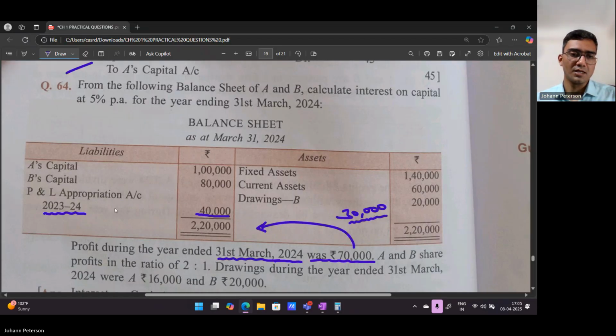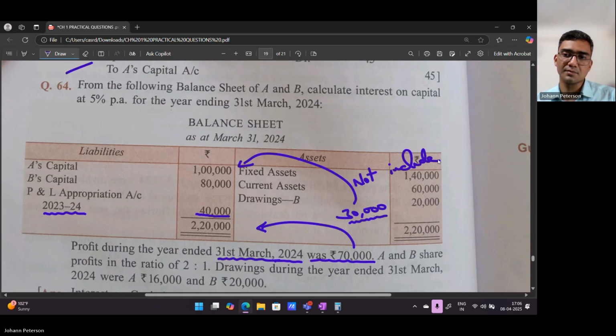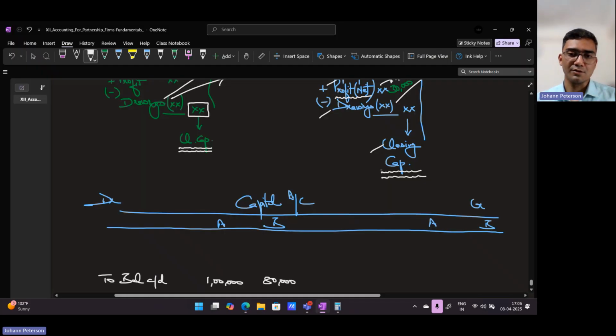Then out of the profit, I said 30,000 is not yet shown in the balance sheet. That means it would not have been included. 30,000 would not have been included in the capital balances, in the closing capital balances. So therefore, I will have to show it in the capital account that I make.